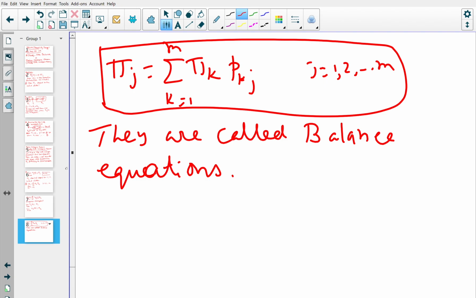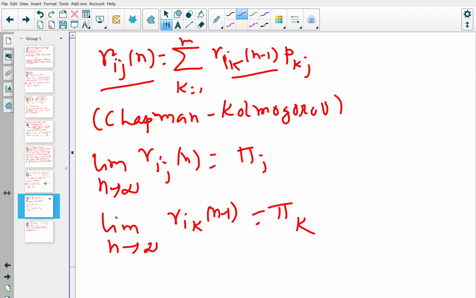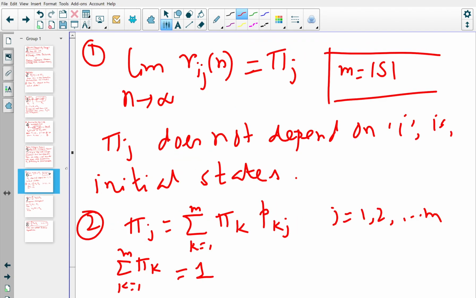So again one more thing one can ask: why is this summation condition true? It tells you the total probability, the sum over all those probabilities that it will be on state 1 or state 2 or state m, is 1. It can be on any state, so that's why the probability is 1.